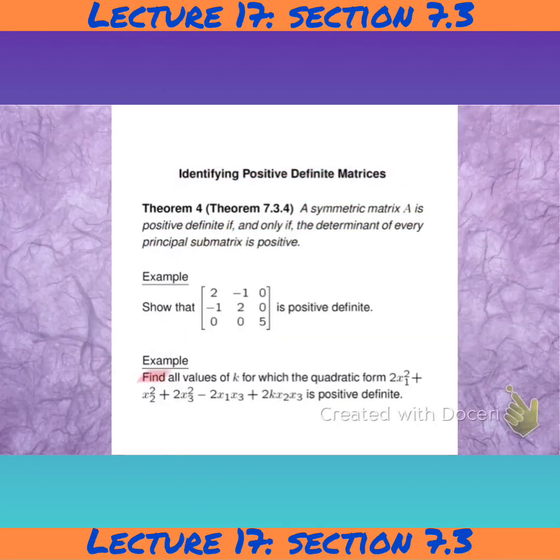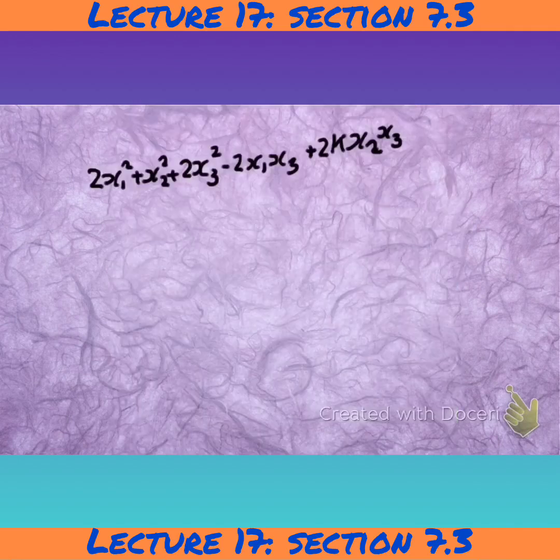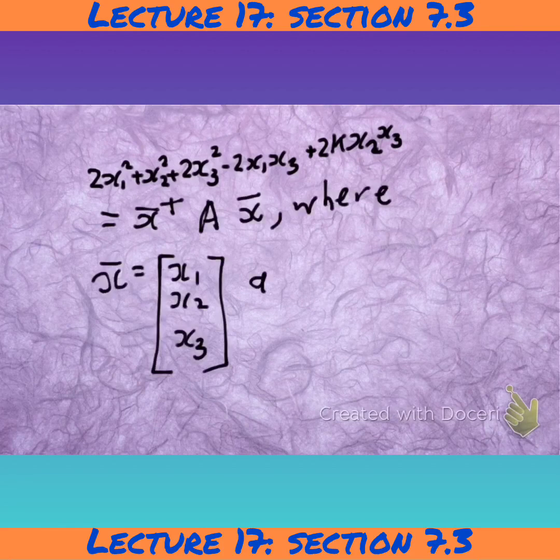Alright, next one: find all values of k for which this quadratic form is positive definite. So there's my quadratic form, and that corresponds to this. You can determine what A needs to look like.